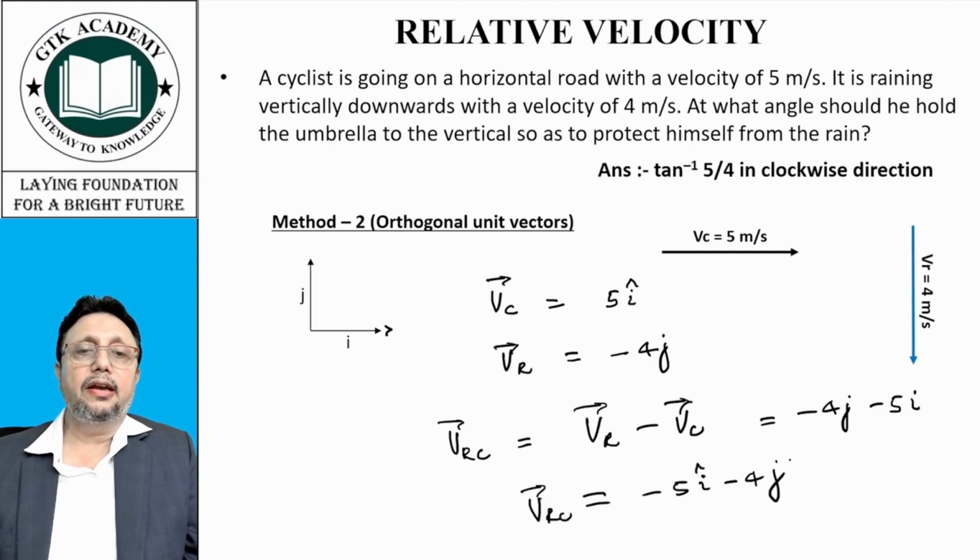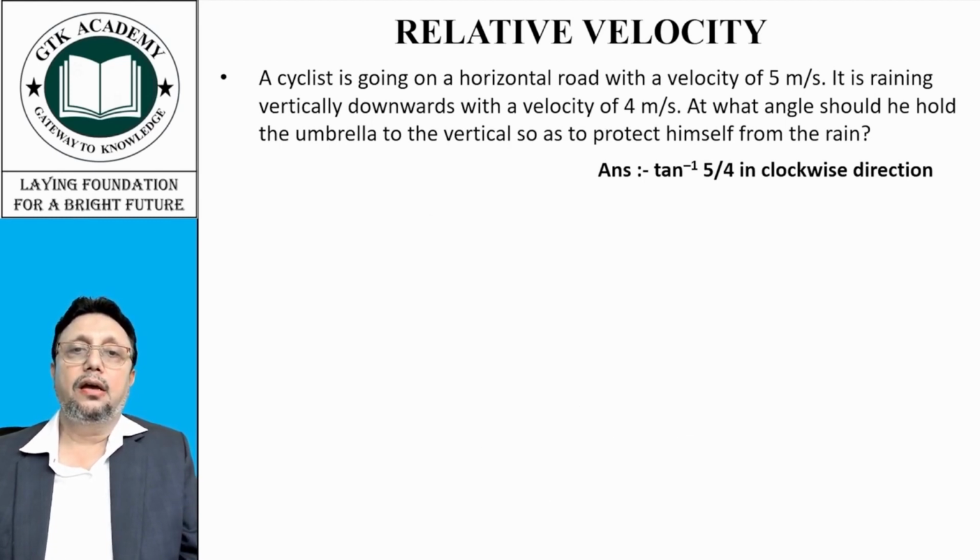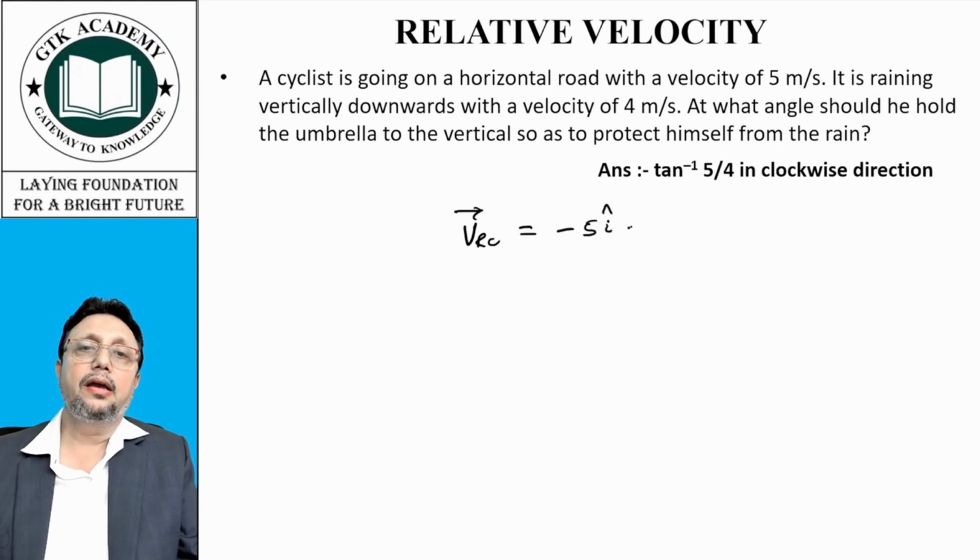We generally write this with a cap. VRC is equal to minus 5i minus 4j.